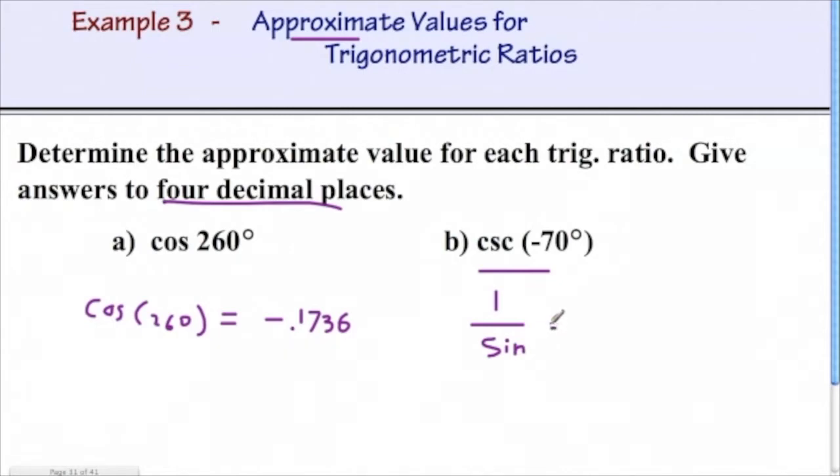Now we know 1 over sine, and then our angle in this question is negative 70, and then we hit enter or equals, and out comes negative 1.0642. So that's the 4 decimal places.